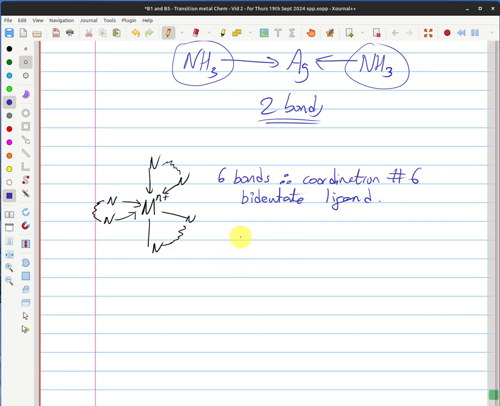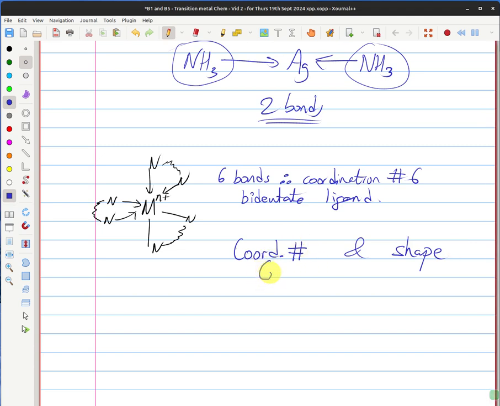And we can actually make statements about the shape of molecules based on the coordination number. Shape has a very important part to play in the chemistry of most molecules. So whenever we have a coordination number of 6, this is the easy one.